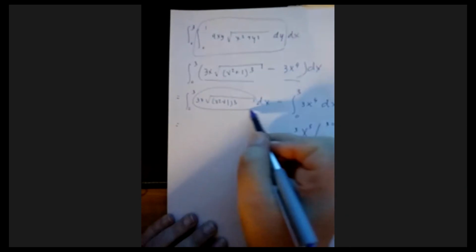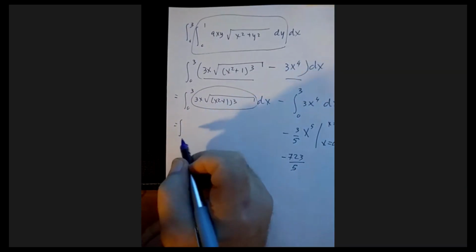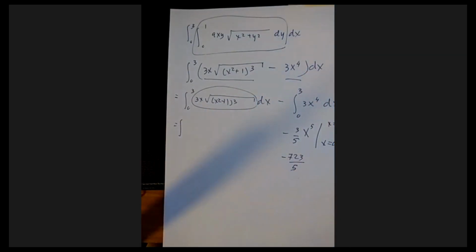Okay, how are we going to tackle this ugly mess? Three x square root of x squared plus 1 cubed. Interesting.